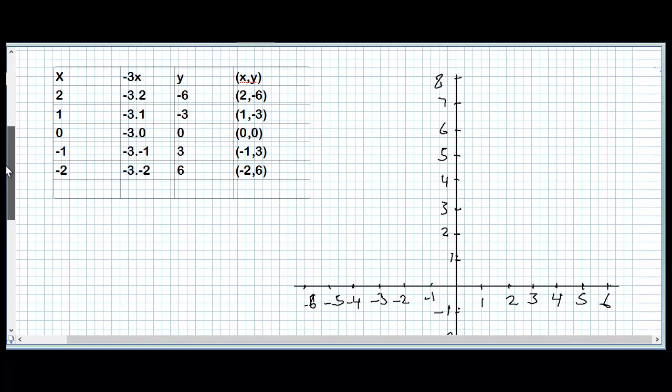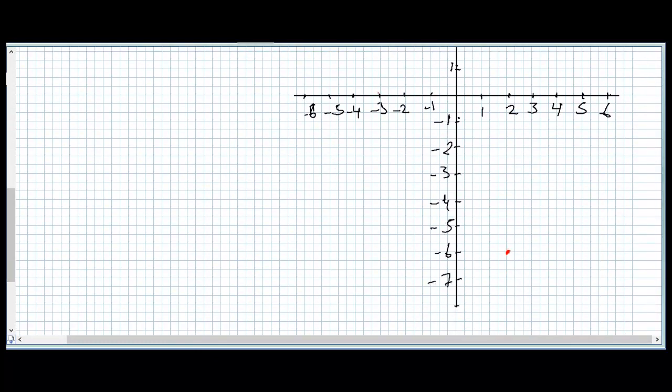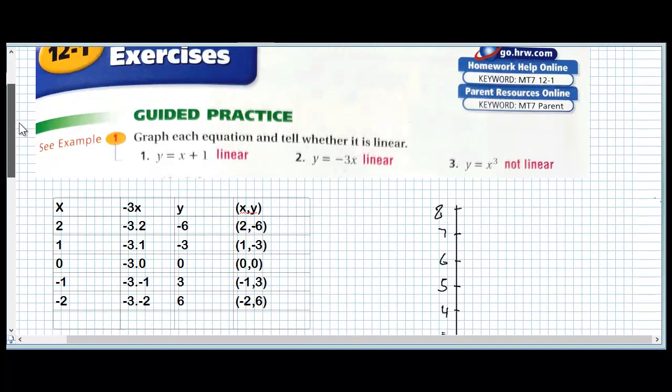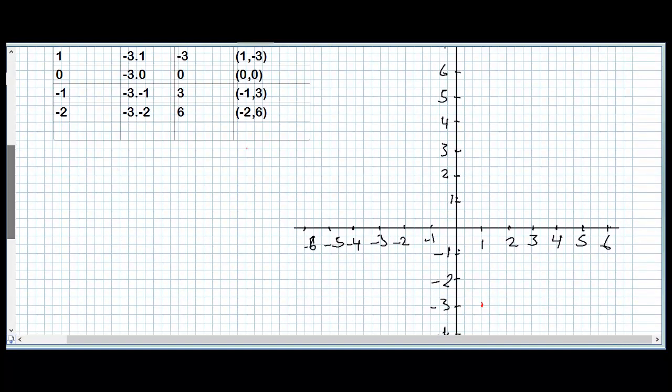Second one, 1 and -3. Next, 0 and 0. Okay, -1 and 3. Then -2 and positive 6. So from -2 I will go up to 6 here.